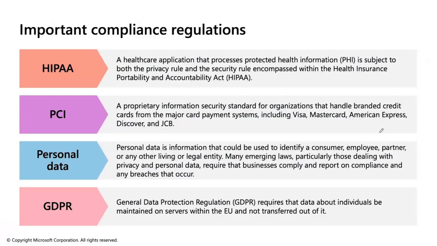Like we have HIPAA, PCI DSS, personal data related, GDPR related, different kinds of compliance components that we see in different regions and locations. So these are different examples of regulatory compliances.